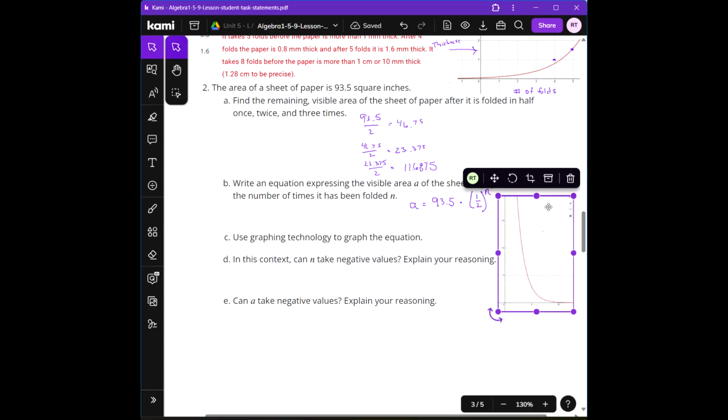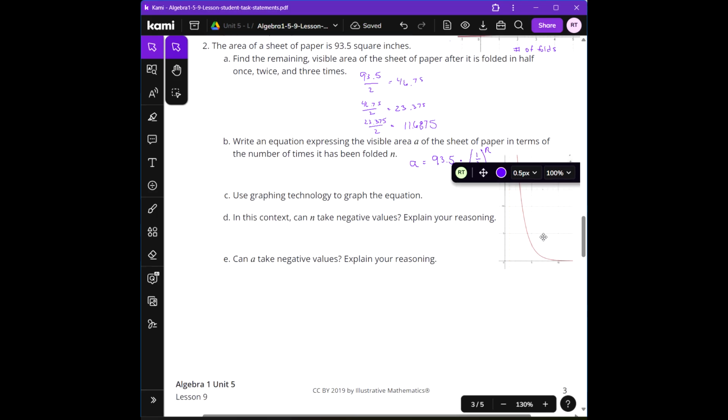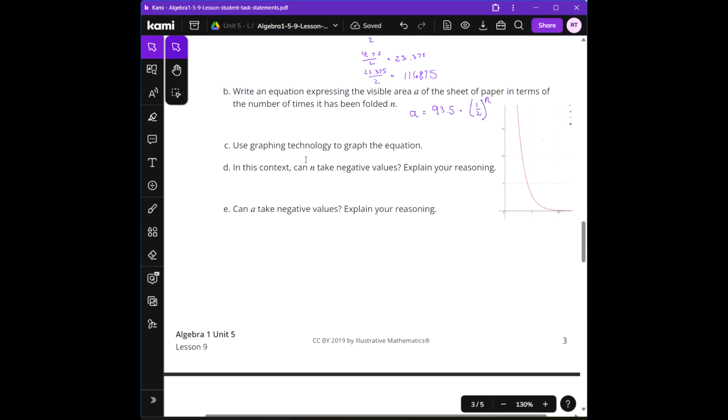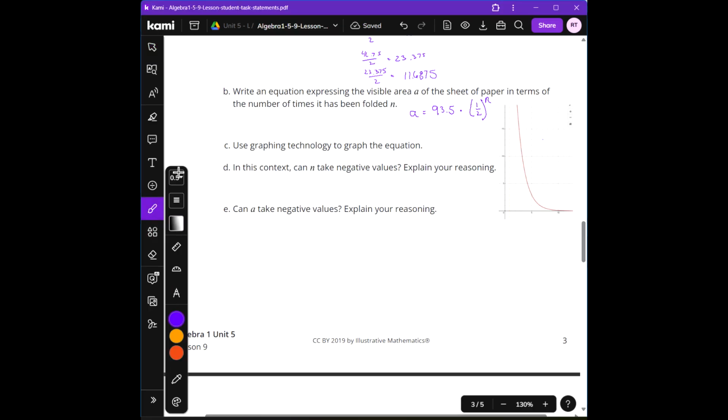Over here we have our graph, and it is asking us, can n take negative values? No, not unless you unfold the paper.